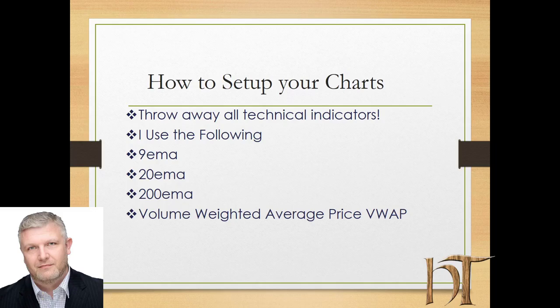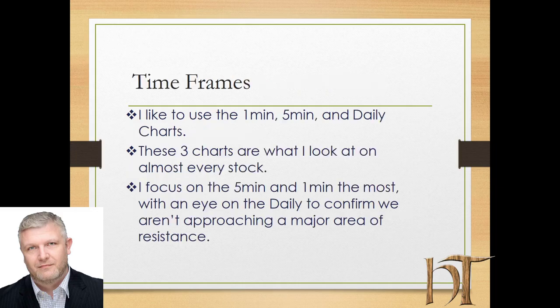So when we're talking about the charts, what kind of time frames should we use? Well, on my trading desktop, I have four charts that I'm always looking at. I have the 1 minute, the 5 minute, the 60 minute, and the daily.